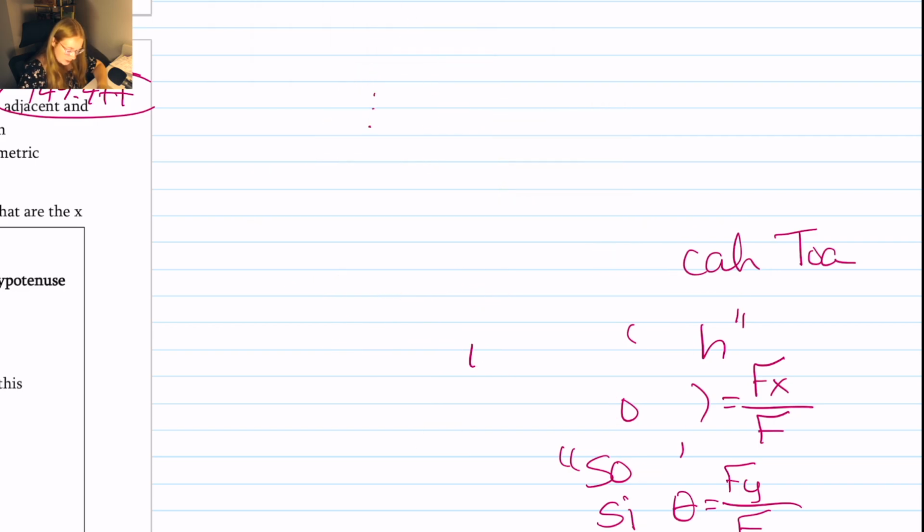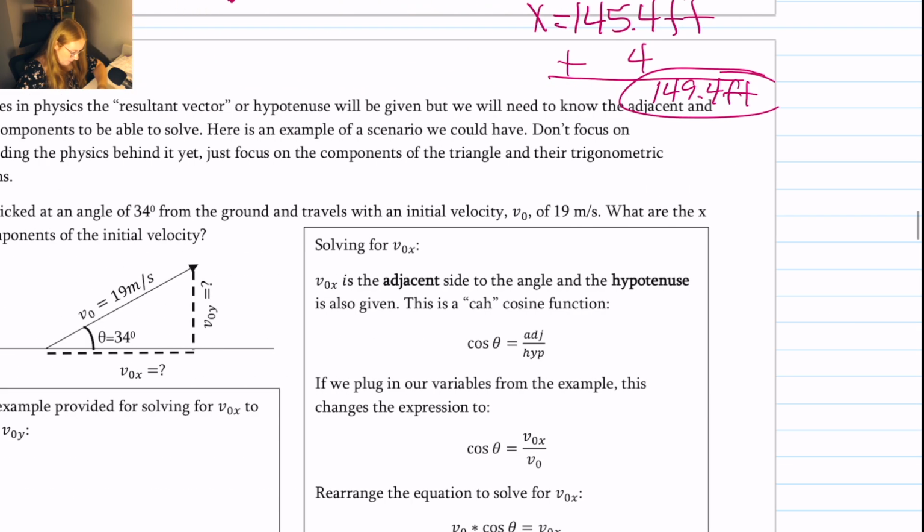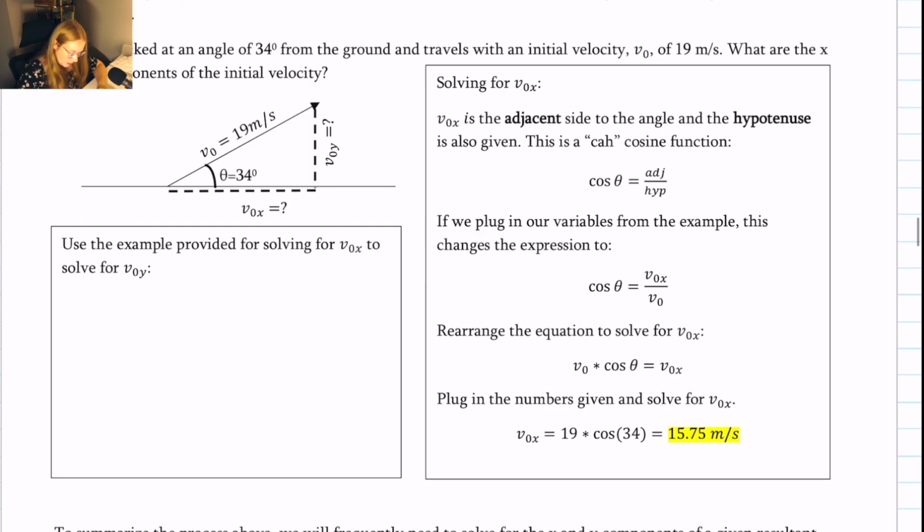Let's look at this example that I have worked out. The variables are a little bit more complicated than the force. It says a ball is kicked at an angle of 34, so angle of 34 from the ground, and travels with an initial velocity. So initial is where that 0 comes into play. It means time 0, so initial means at the beginning.